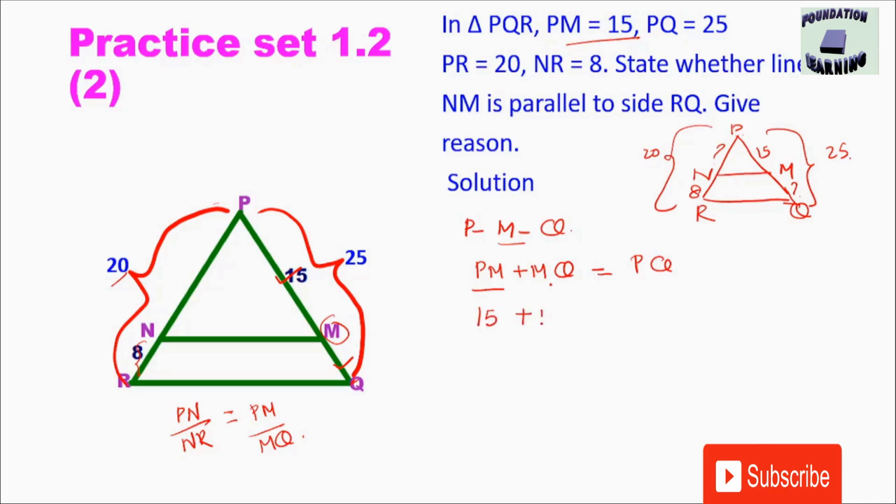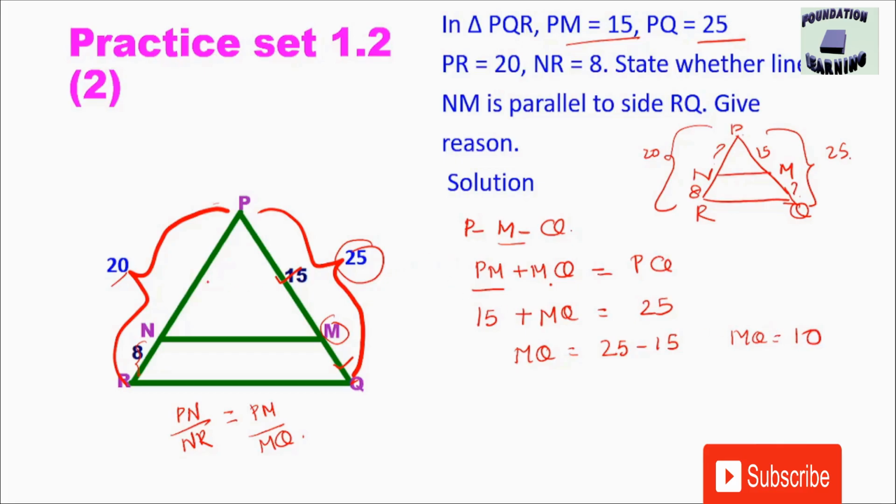MQ we don't know, so we write MQ as it is. PQ is 25. So MQ is 25 minus 15. When you bring 15 this side, it becomes minus. Therefore, MQ is equal to 25 minus 15, which is 10.